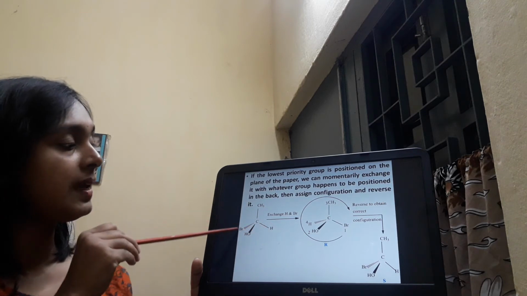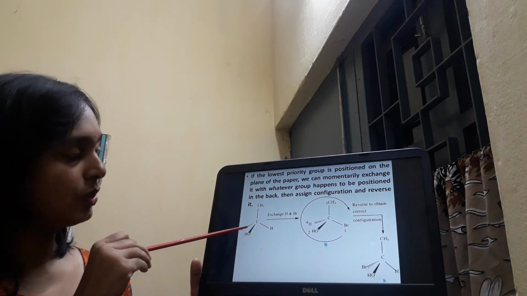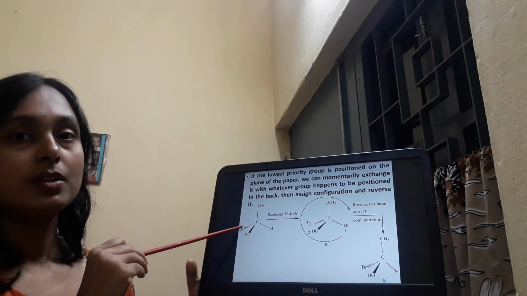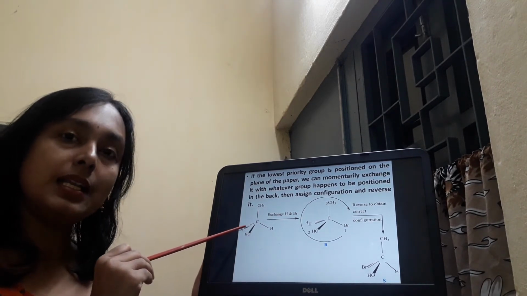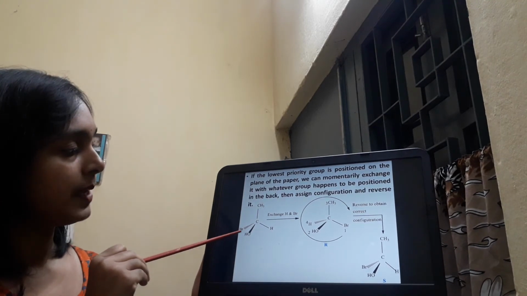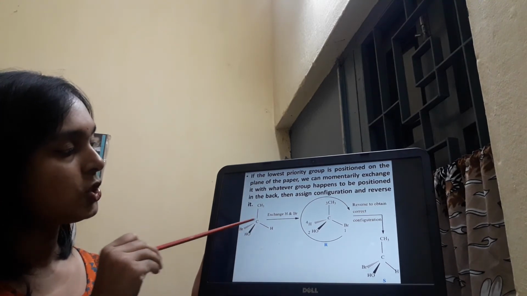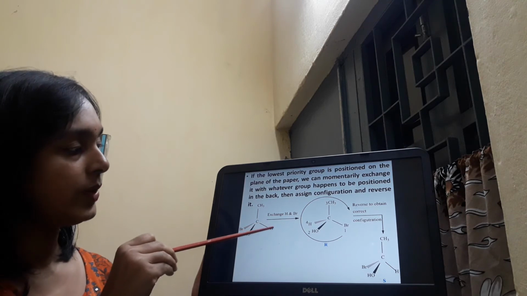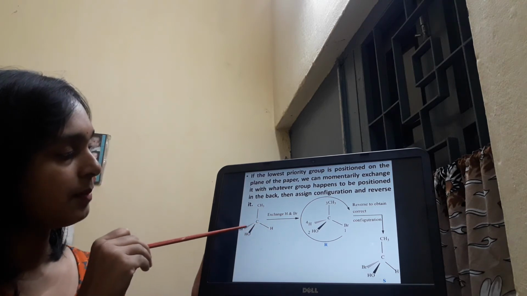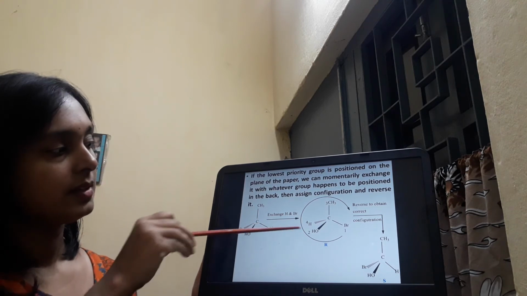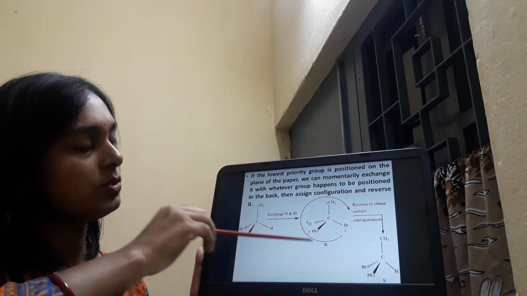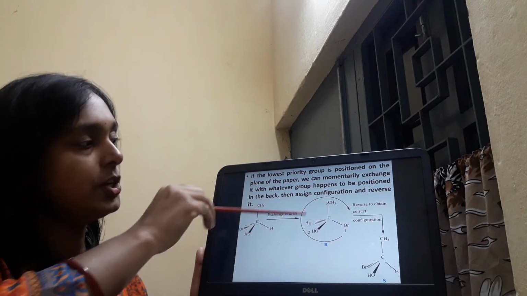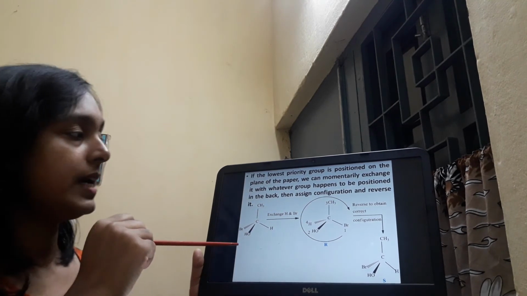We have to keep it at the back, behind the plane of the paper. So if we exchange this position, bring hydrogen here and bromine here, now 1, 2, 3, it will be configuration R as it is a clockwise direction.